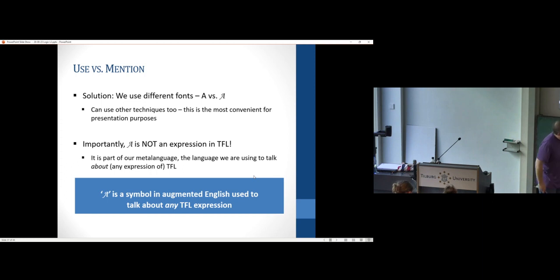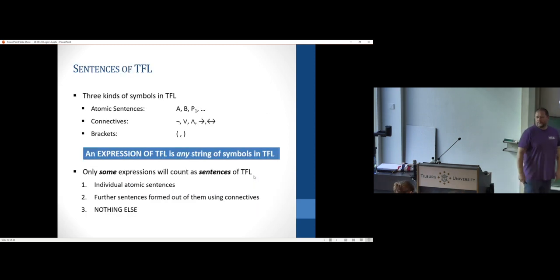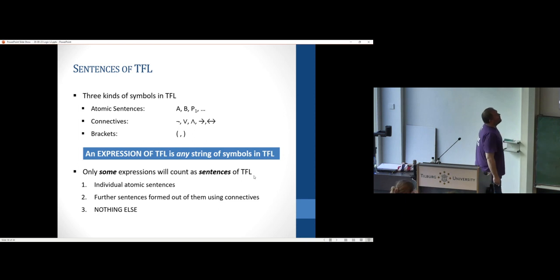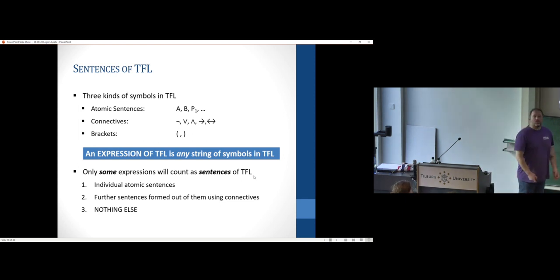Okay. Then we've got plenty of time to wrap up. So this was our segue into philosophy of language. Now back to our regularly scheduled programming, and let's wrap up the syntax for TFL. I'm going to define for you a sentence of TFL. As a run-up to defining it, we're going to define the notion of an expression of TFL.